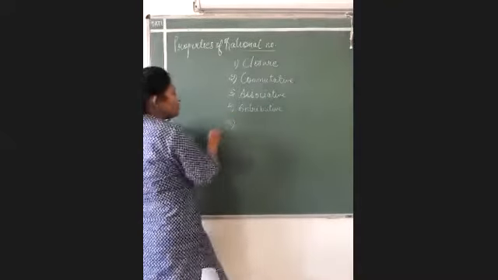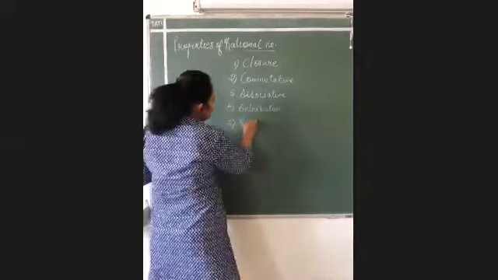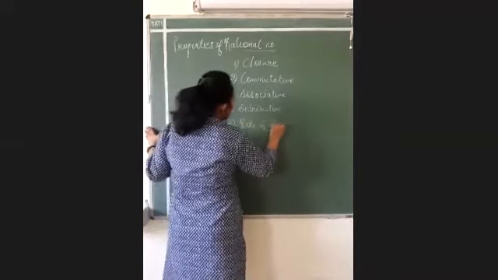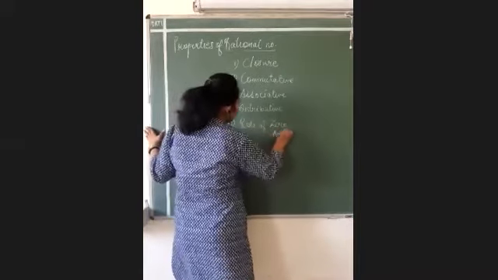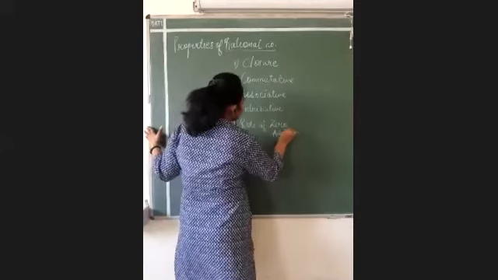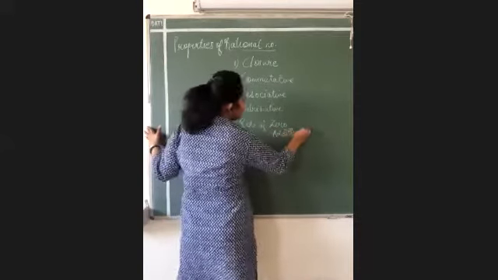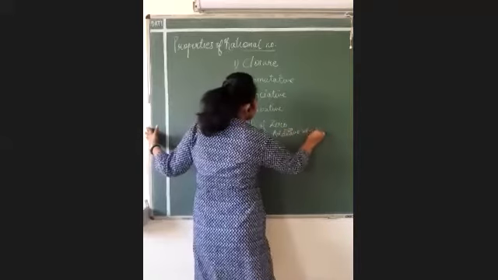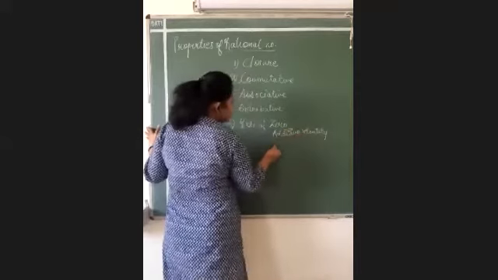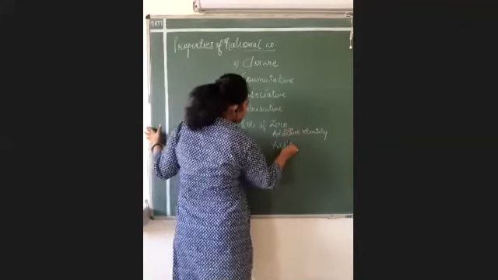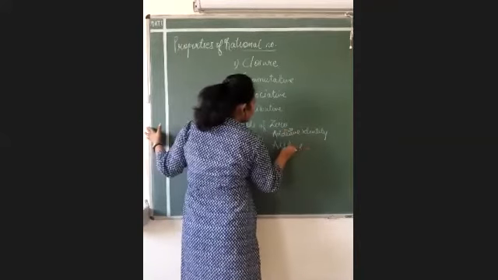Then the fifth one which we study is the role of zero, or you can call it additive identity or additive inverse.